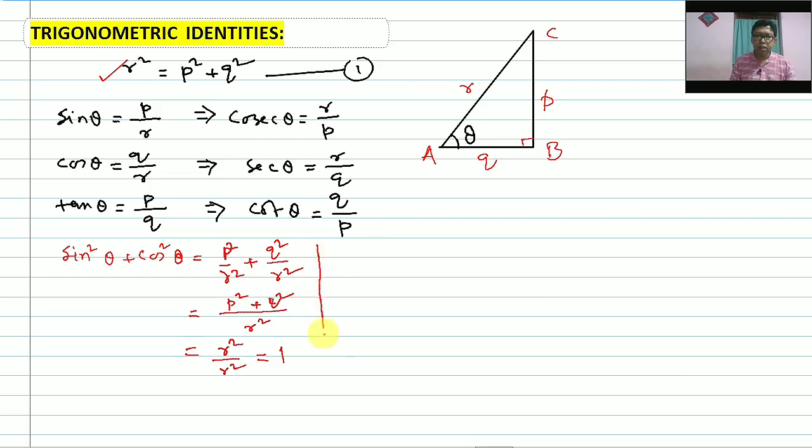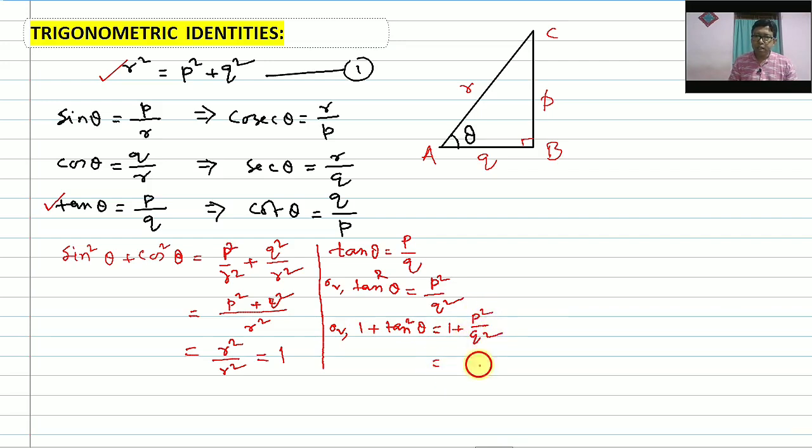I shall write them one by one at last, but before that we discuss these identities. Now what is tan theta? Tan theta is equal to p upon q. So squaring both sides, you will get tan square theta is equal to p square upon q square. Now adding 1 to both sides, 1 plus tan square theta is equal to 1 plus p square upon q square. Make an LCM here, so it is q square plus p square.